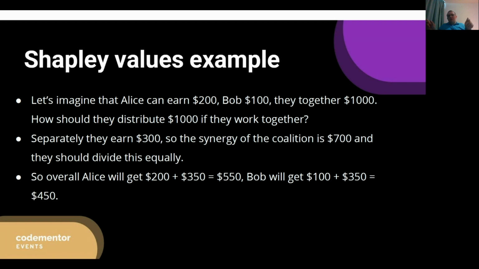Each feature is like a player, and the final score is the work together, and we can use this formula to calculate the contribution of each player to this final score. So it's quite an interesting approach, and it really works in practice.